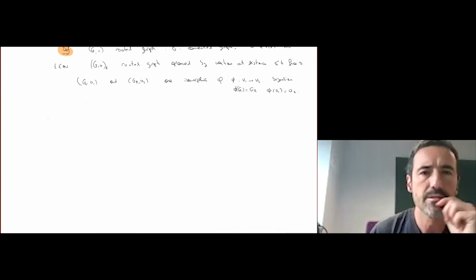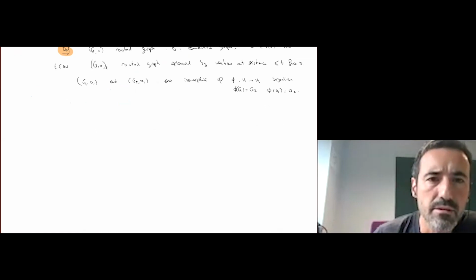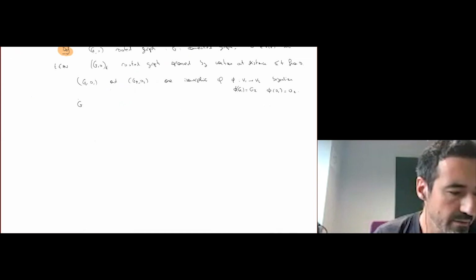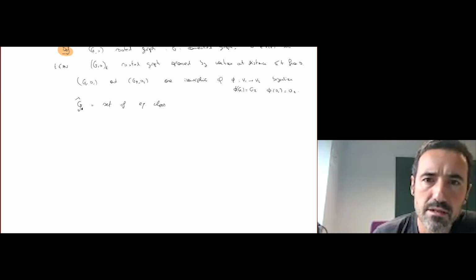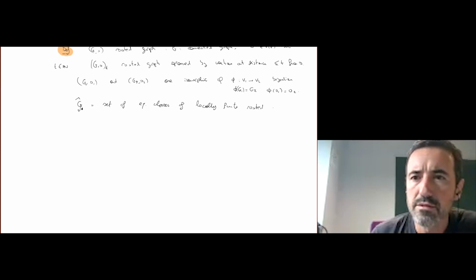So you can define an equivalence relation on rooted graphs by this rooted isomorphism, and you can define G_bullet, the set of equivalence classes of locally finite rooted graphs.